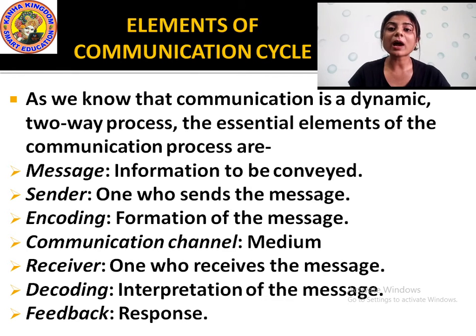Then receiver, the one who is receiving the message. Decoding, that receiver is reading or interpreting, that means he is reading the message that you have sent. And the last one is feedback. After reading the message, whether he is replying you or sending you the feedback or response or not, then that will be an effective communication, or the communication will be fulfilled.